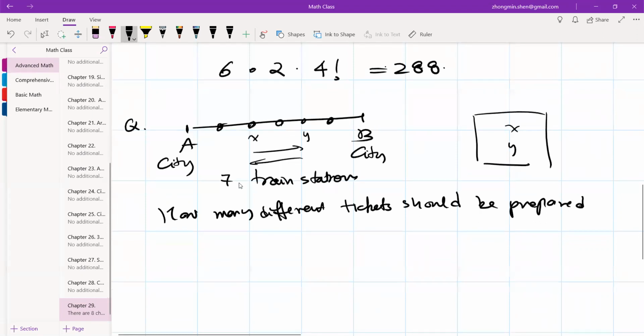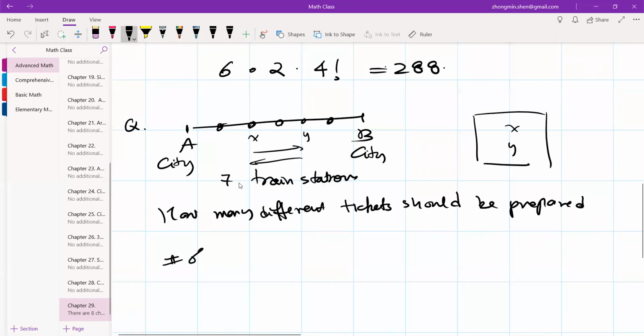So how to do that? There's a formula. You have 7 points here. You just need to see how many pairs of points you're going to get.